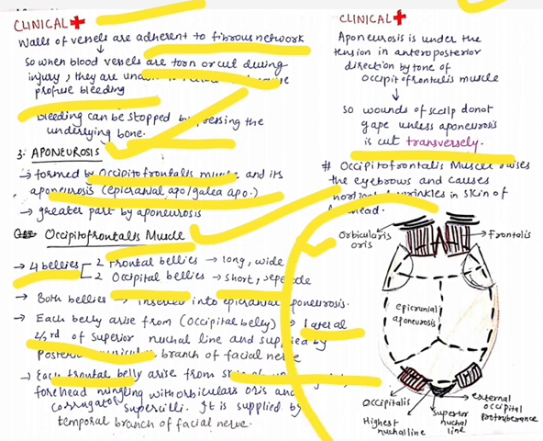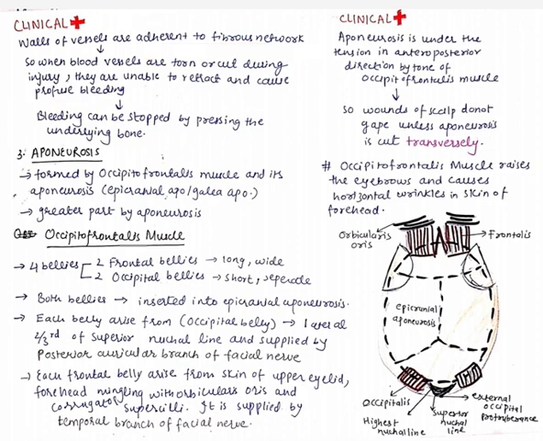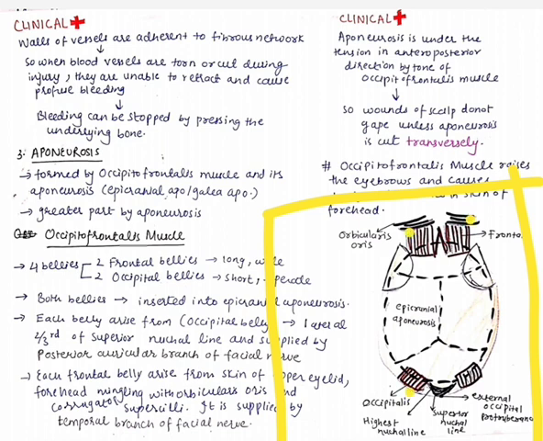Now when you see the diagram, let me clear all the parts so I can explain this easily. The diagram is depicting that the upper portion is the frontal bellies, and the two below are the occipital bellies.